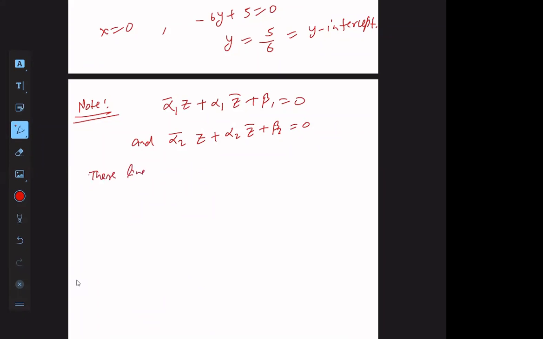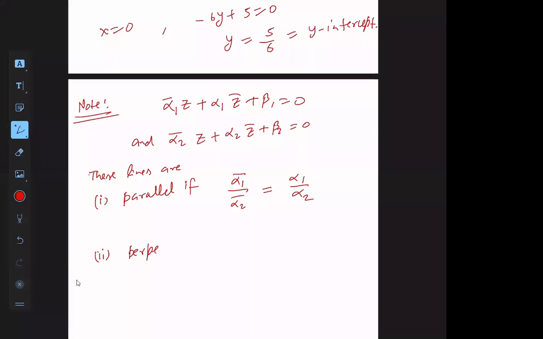These lines are parallel if alpha 1 bar upon alpha 2 bar is equal to alpha 1 upon alpha 2, that is, the ratio of the coefficient of z bar is the same as the ratio of the coefficient of z.